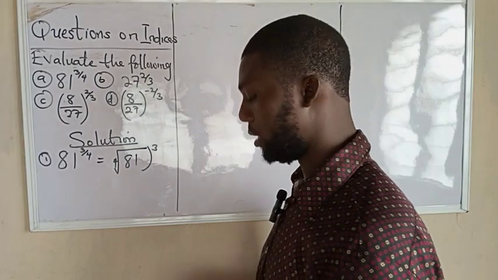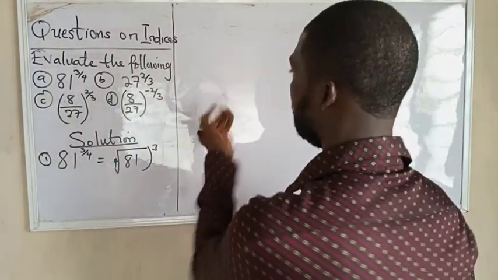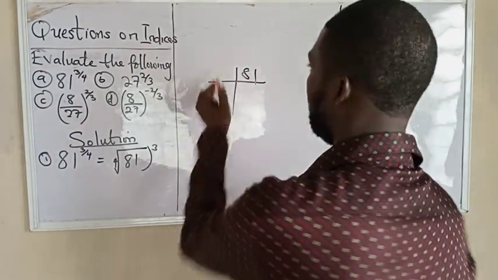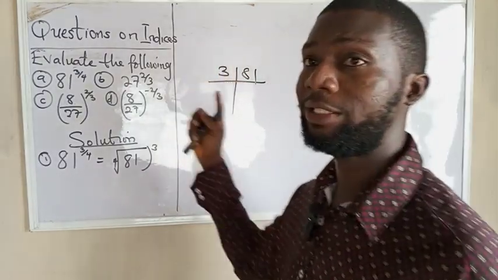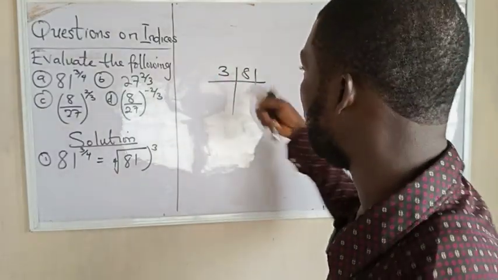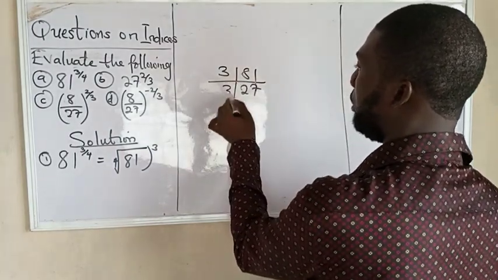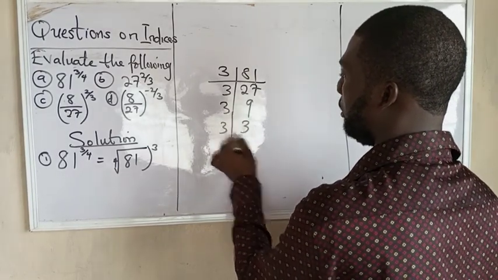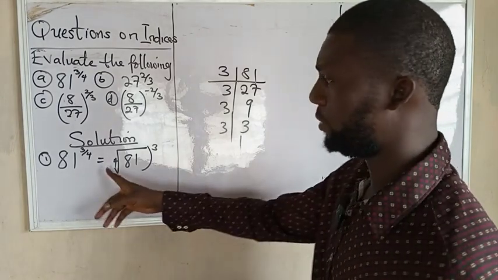In my last video, I said you can always find it using the prime factorization method. The lowest number that can divide 81 is 3. So if I use 3 to divide 81, I will have 27, 3 in 27, 9, 3 in 9, 3, 3 in 3, 1.